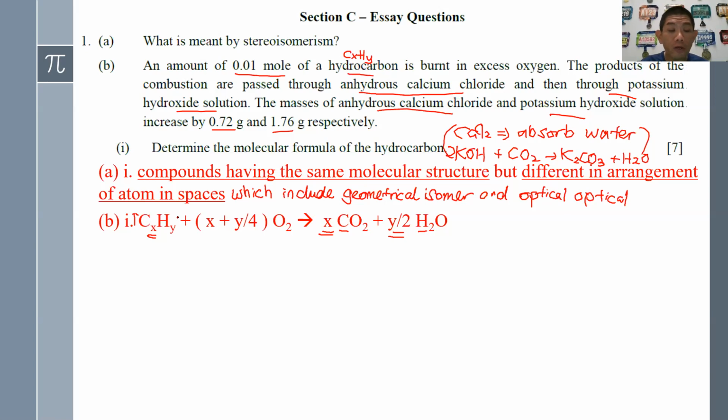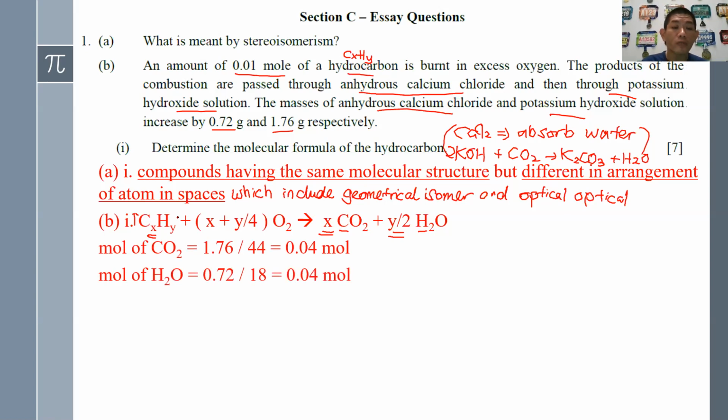Okay, so first of all, calculate the moles of carbon dioxide. The mole of carbon dioxide is 1.76 divided by 44, which is 0.04 mole, while the mole of water is 0.72 divided by 18, which also gives 0.04 mole. So stoichiometrically, you have to compare.